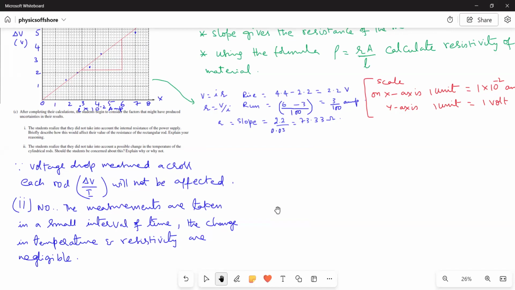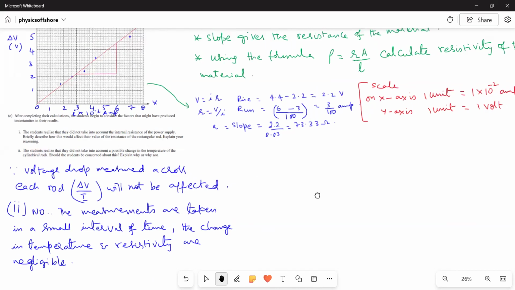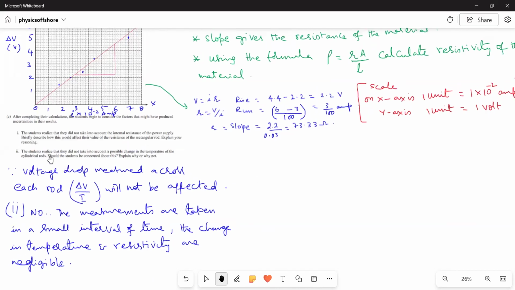In that small interval of time, the temperature will not rise significantly, and then it will not affect the resistivity. Okay, so it will not change. The temperature will not affect the resistance or resistivity here, that is what he is asking.